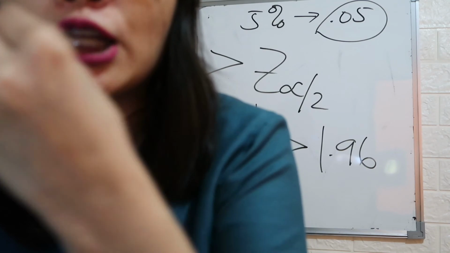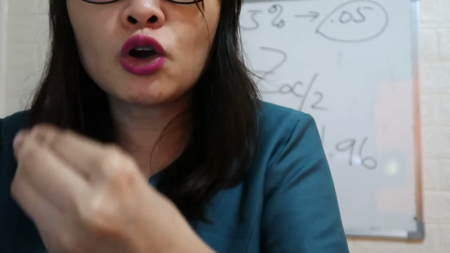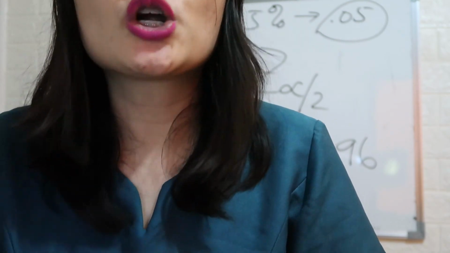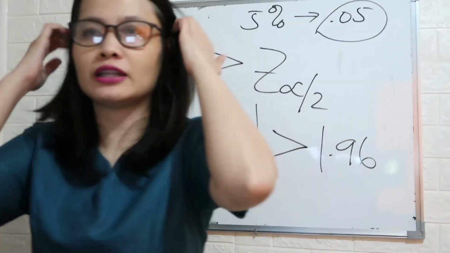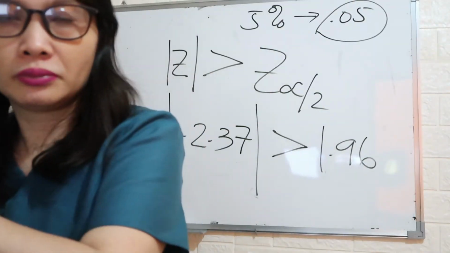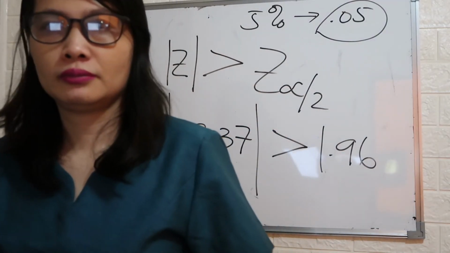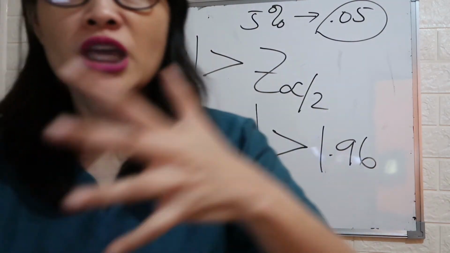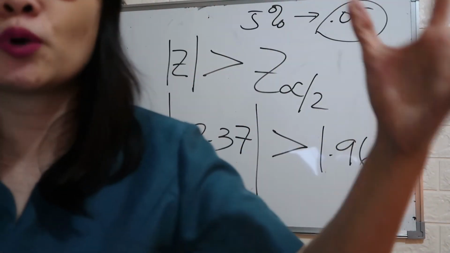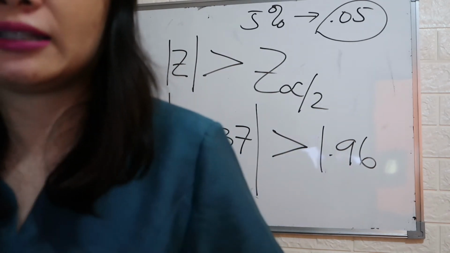I-reject si HO. Kapag ni-reject si HO, what do you mean by that one? Reject HO meaning you need to accept your HA. So therefore, what is your conclusion? Ano yung conclusion natin? Ano ba yung HA natin a while ago, based on the example that we have?